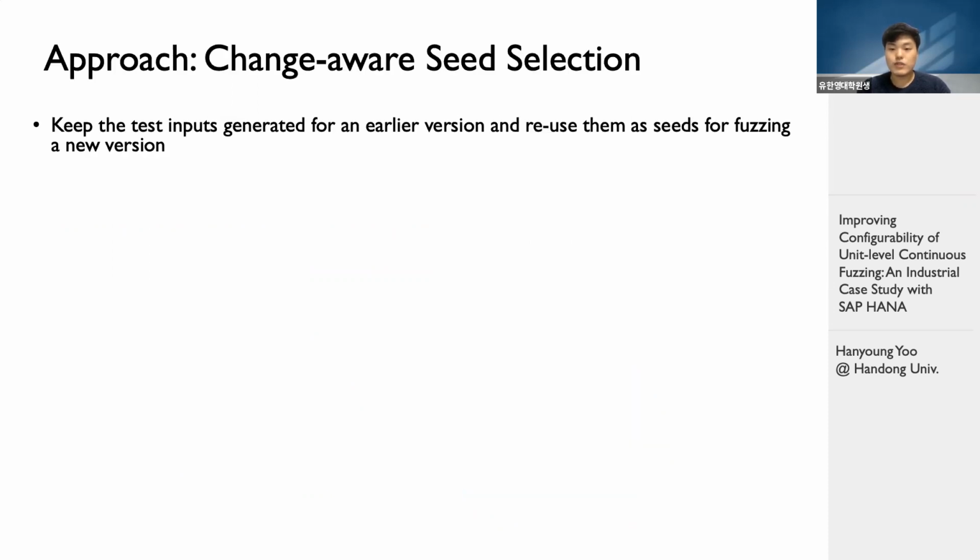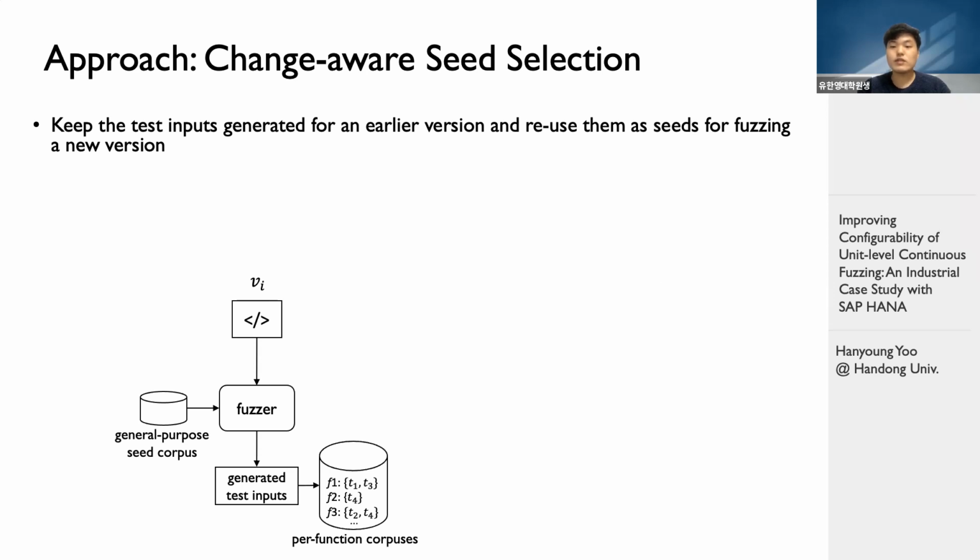So we are proposing a new way for regression fuzzing by utilizing the test inputs from earlier version fuzzing with changed functions. The technique proceeds with the following steps. First, we conduct fuzzing with the general-purpose seed corpus. With the generated test inputs, we do not throw them away and keep them in per-function corpuses, which is the set of test inputs that cover each function.